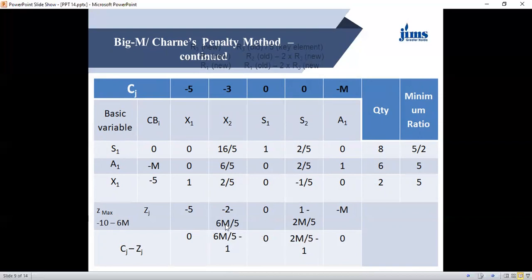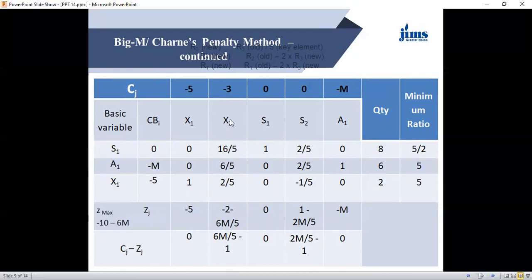So the x2 column has the highest positive value in the index row, in the net evaluation. So this will be the key column.